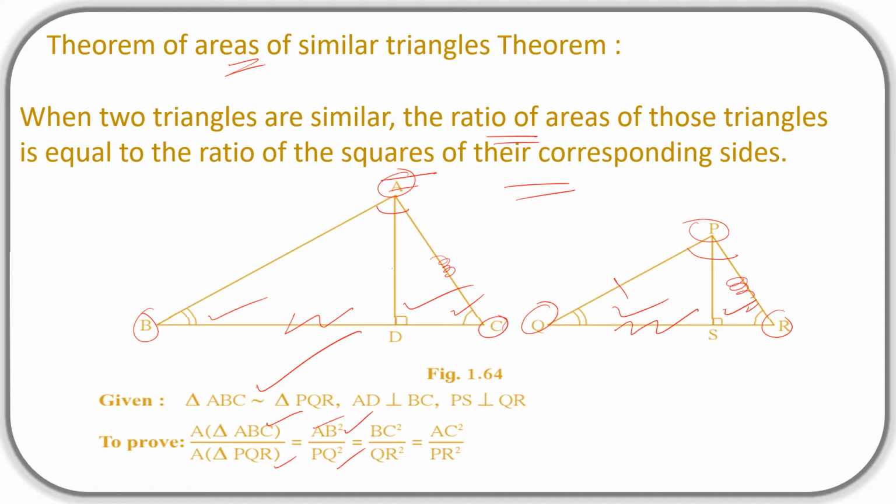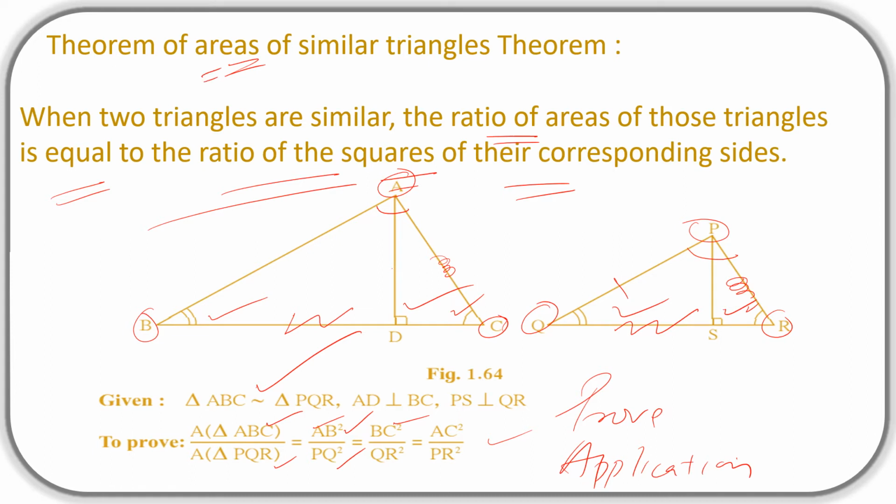They will have the same ratio. The ratio of the squares of the corresponding sides will be maintained. It will be the same, equal. Remember this: two things. One is proof, another is application. When it comes to application, there will be words like area in the question. There will be words like similar triangle in the question, or something will be missing.